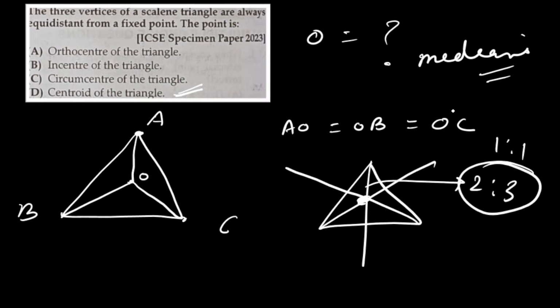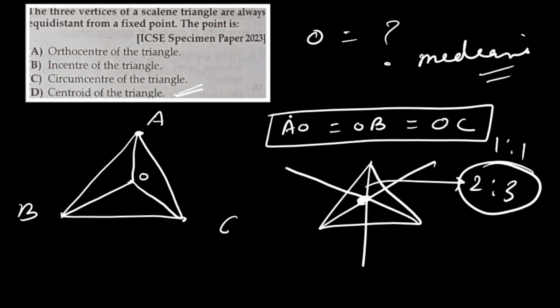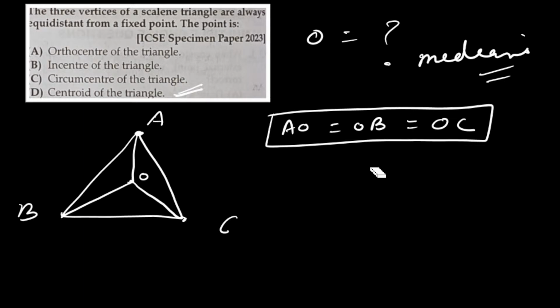Option B, incenter. Incenter also we have drawn. See here, try to understand. The question says in which point AO is equal to OB is equal to OC, the vertices are equidistant from one point. In incenter we have done the construction of the incircle also like this. So here we are getting this as the radius.